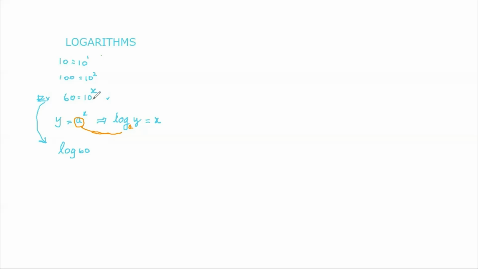So 10 here, write it down to be the base of the logarithm. And then your x, move it down to take the place of 10, so this side becomes x. Now we get the value of x by using logarithm.